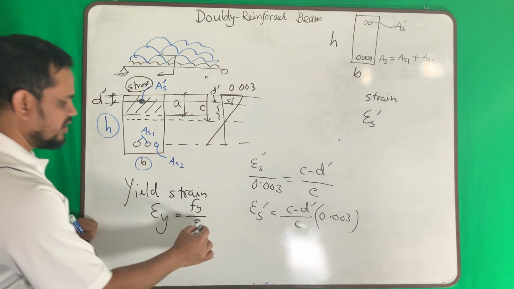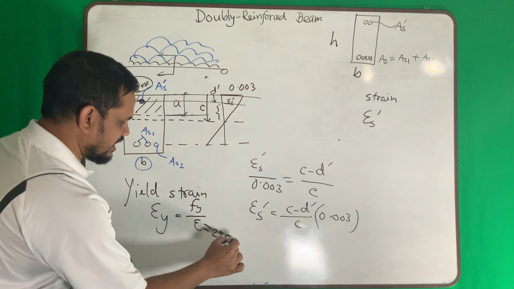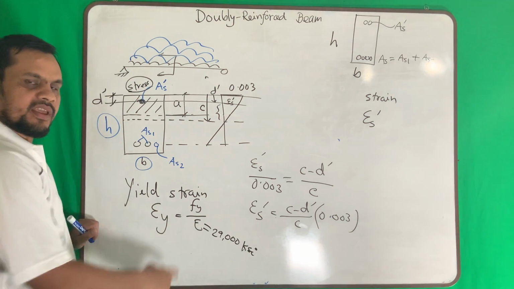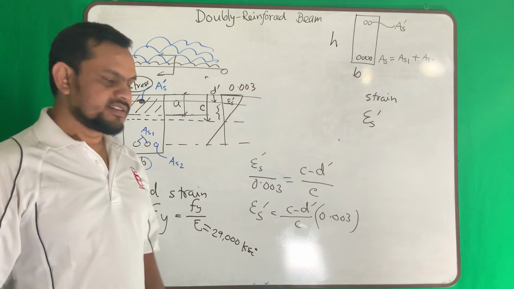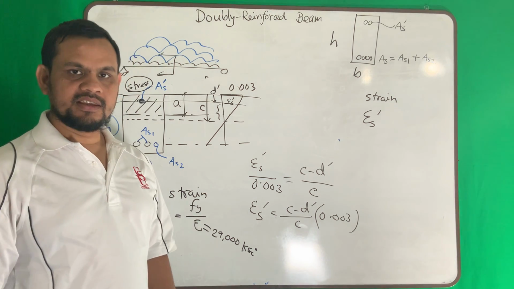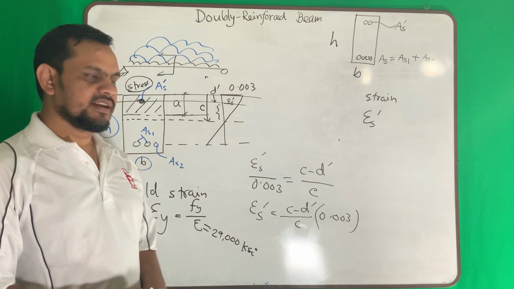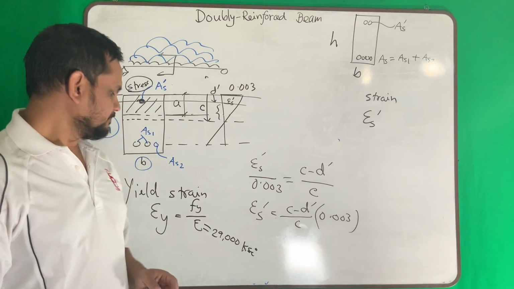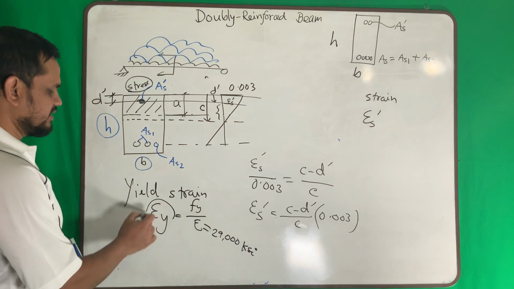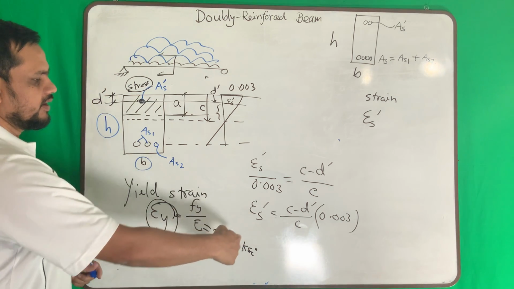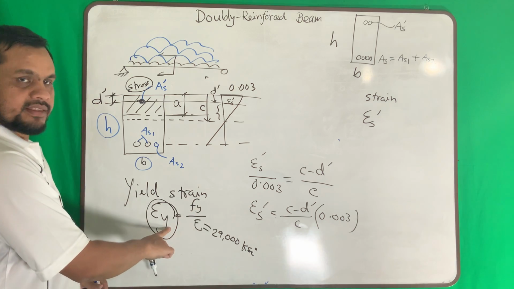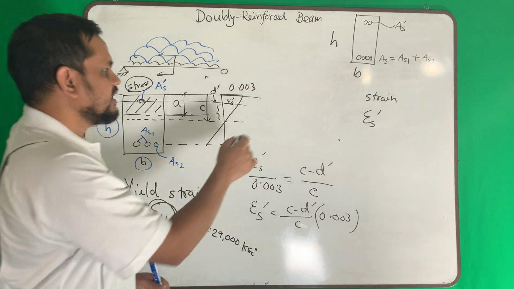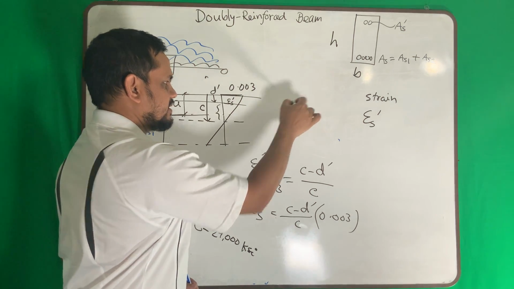Now you know that E is 29,000 ksi for any steel. If it is grade 60 steel, Fy is 60 ksi. If your steel is grade 40, Fy is 40 ksi. So you can calculate this. Then you can compare. If this is less than this, then your stress here is Fs.